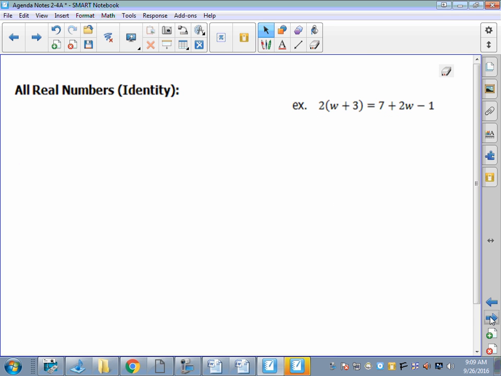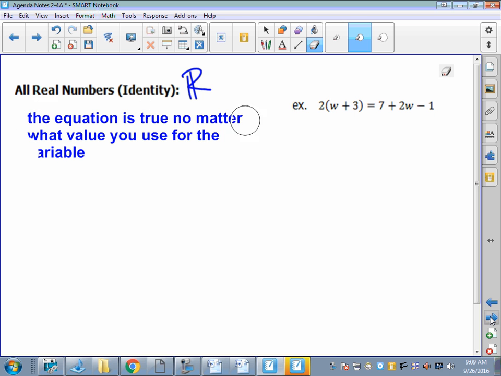So all real numbers, or the identity, or the symbol that you could use is an R with a double R. It just means all real numbers. That means that the equation is true no matter what value you use for your variable.